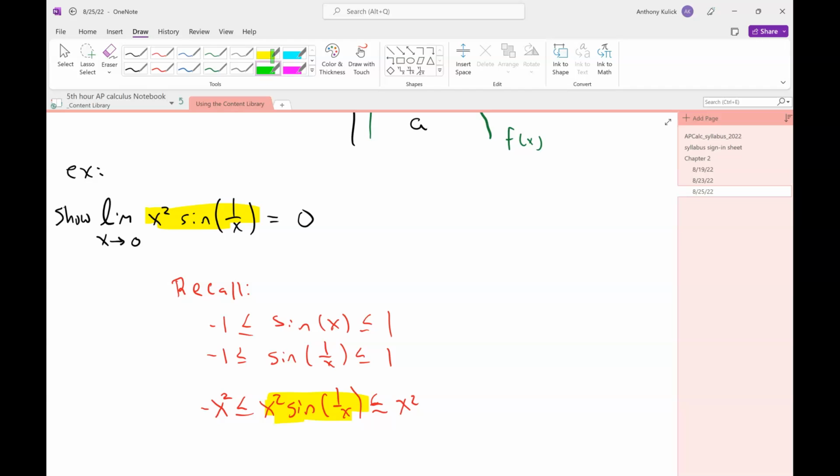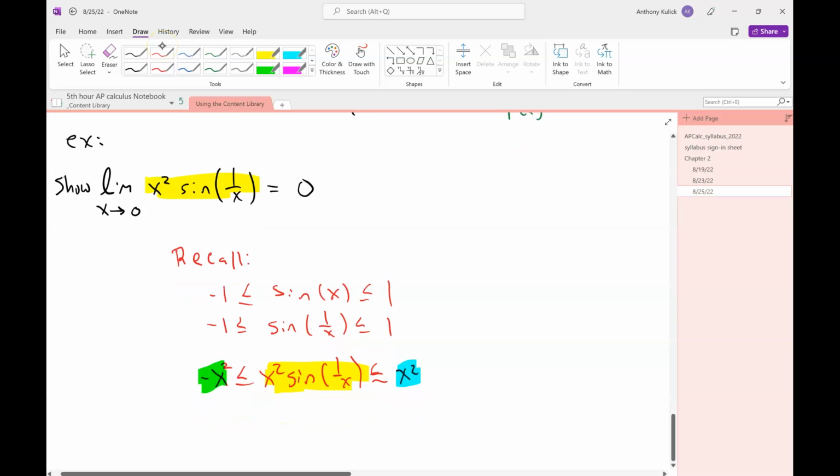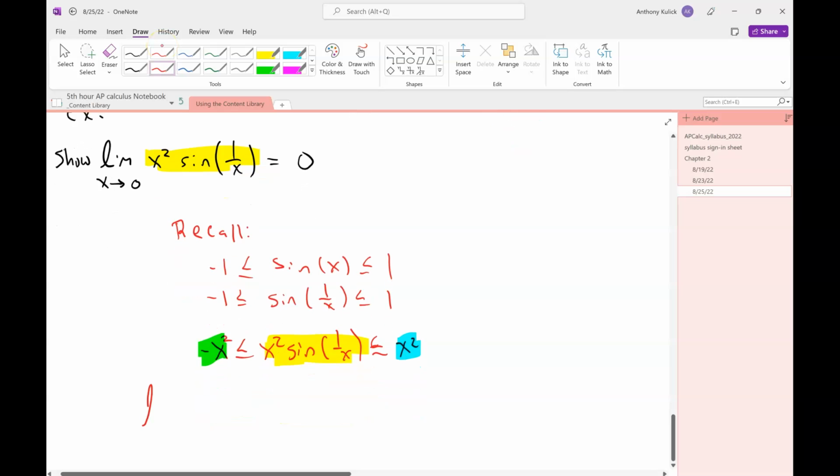So what do I have here? I have my f of x, and I have my h of x. Can I evaluate the limits of f of x and h of x really easily? Yes! Those guys are polynomials. So the limit as x approaches 0 of -x squared is just 0 squared, or 0.